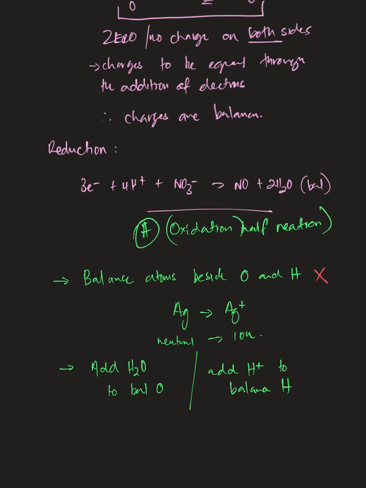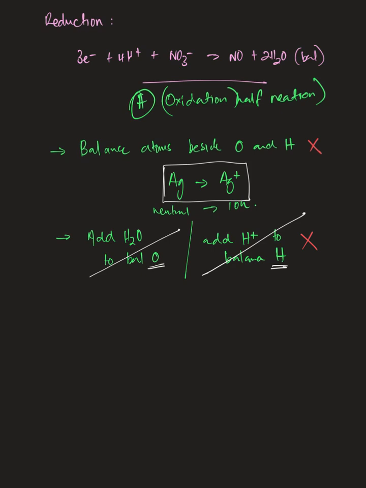But if I'm looking at my equation right in front of me, I will have noticed that there is no oxygen, so that is not possible. There is no hydrogen, so that is impossible. So now for the second time, I can't do the second step. Right, so now if I look at my atoms, I've got one Ag atom and one Ag1 plus ion. One atom, one ion, so therefore the atoms are balanced.